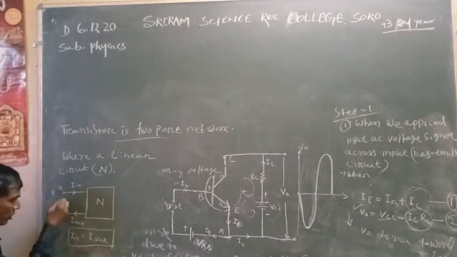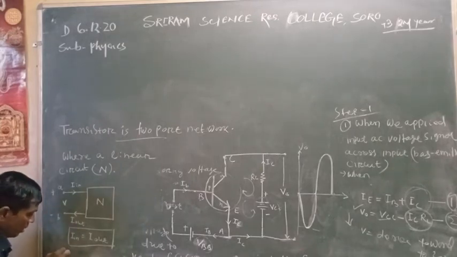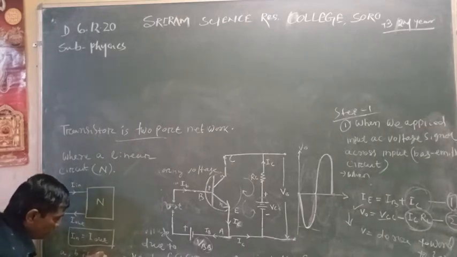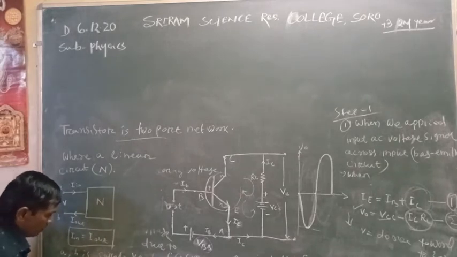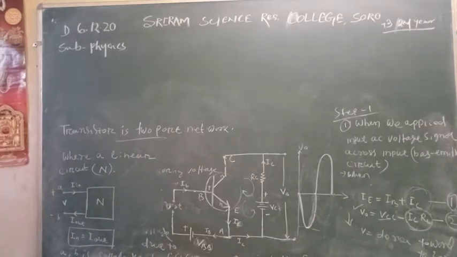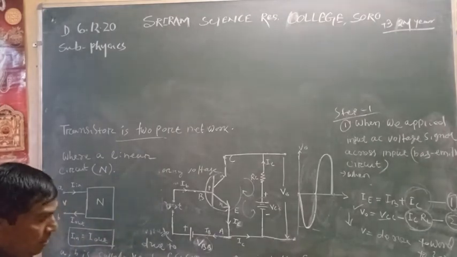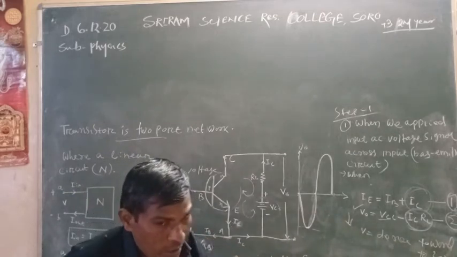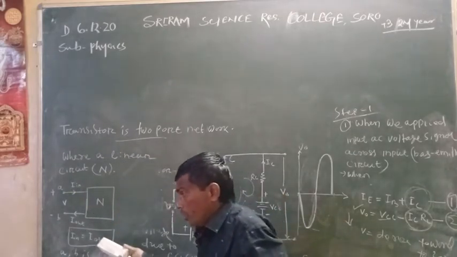Now in this condition we say A, B is called a port. In a two-port network, this is the single port AB, where the entering current, the input current, is equal to the output current.